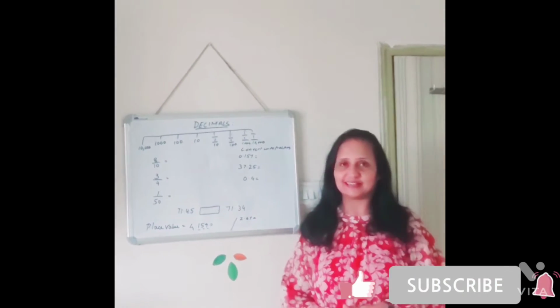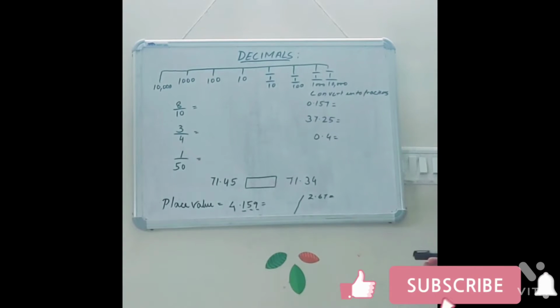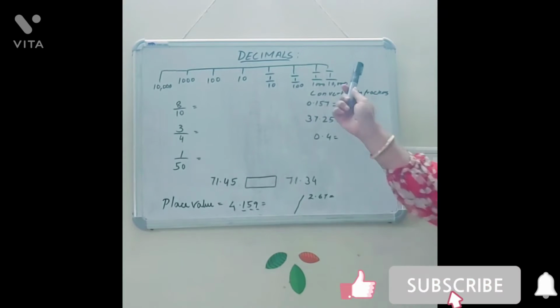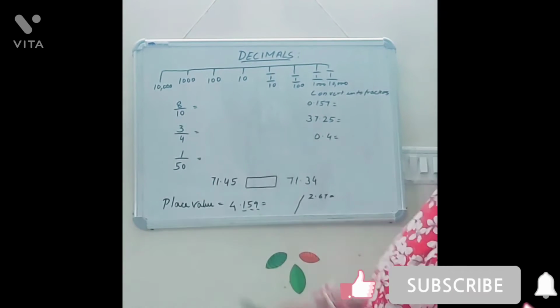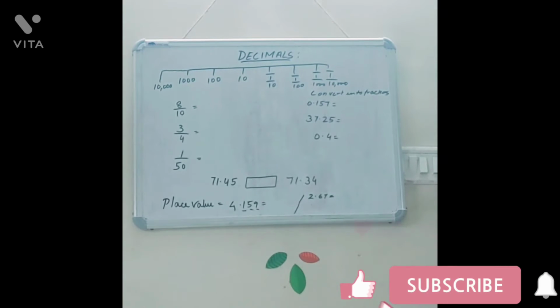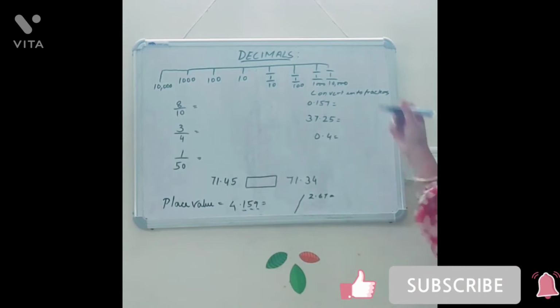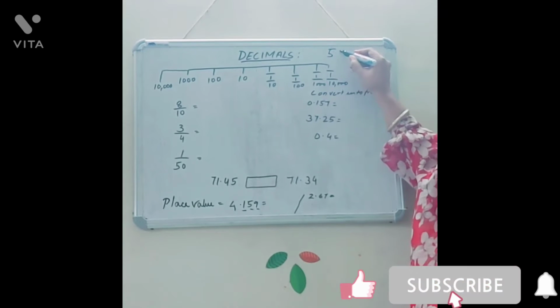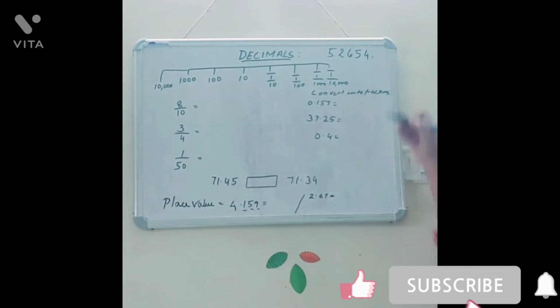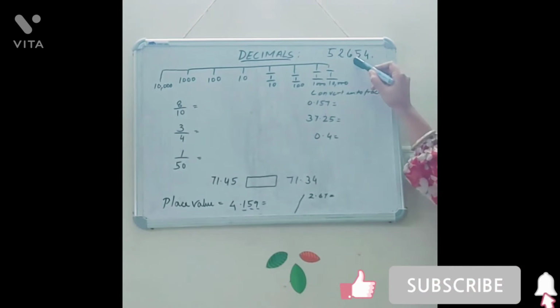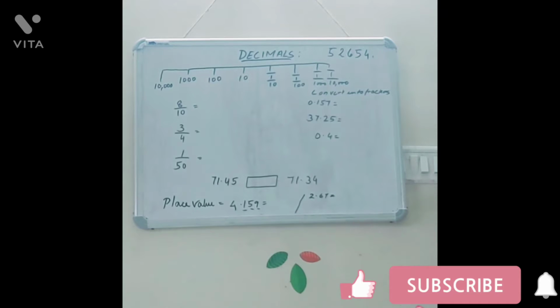So let's start. Let me first explain the place value system of the decimal system. Here there is a chart which you can see. I placed 10,000 first. When we write any number, like 5, 2, 6, 5, 4, the place value system tells us this is ones, tens, hundreds, thousands and ten thousands.